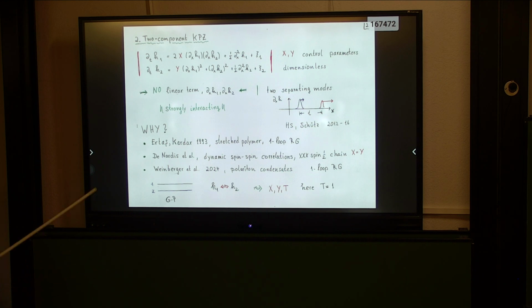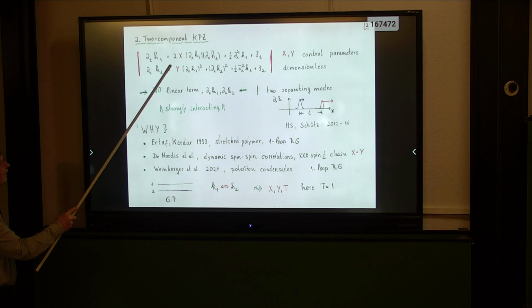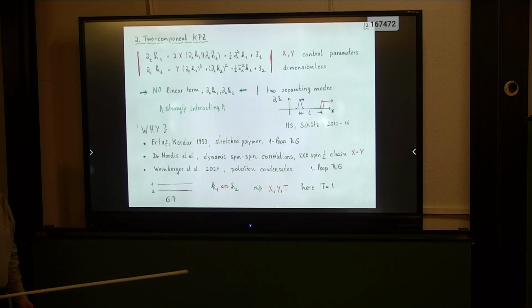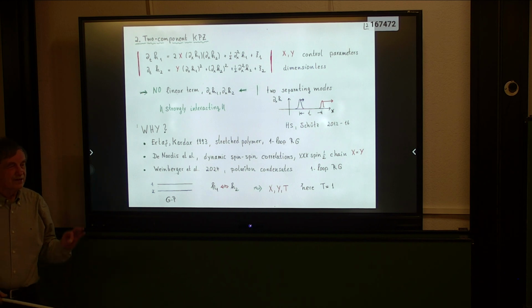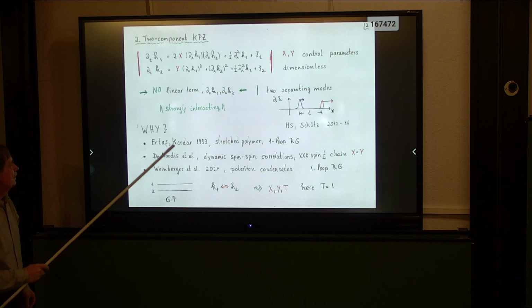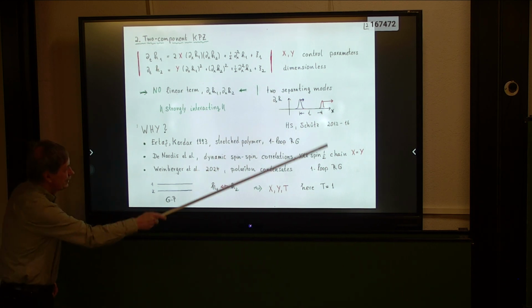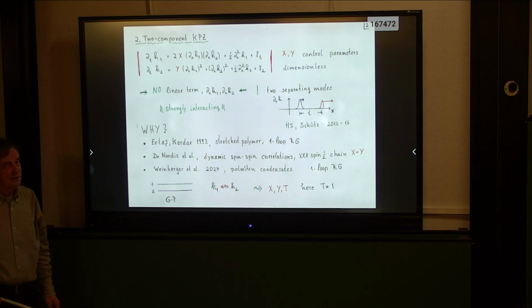All right, so I want to point out two things. First of all, when you write down the equation, why did I leave out the linear terms? This is a somewhat special situation, but if I add linear terms here, this is something which was studied about 15 years ago in great detail.